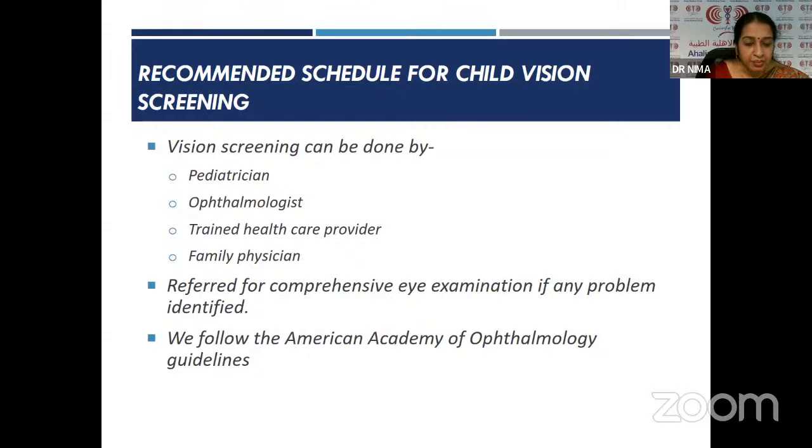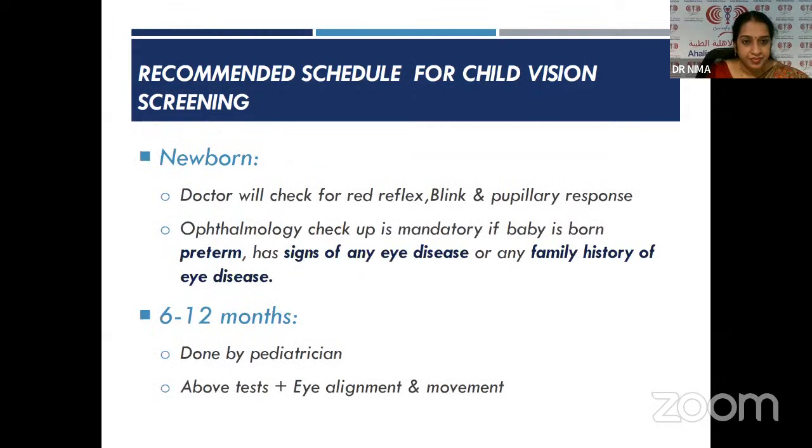And if any problem is identified, they need a comprehensive eye examination. And here we follow the American Academy of Ophthalmology guidelines in prescribing glasses, everything. What the child should wear, at what age, and what powers are decided by the American Academy of Ophthalmology guidelines.